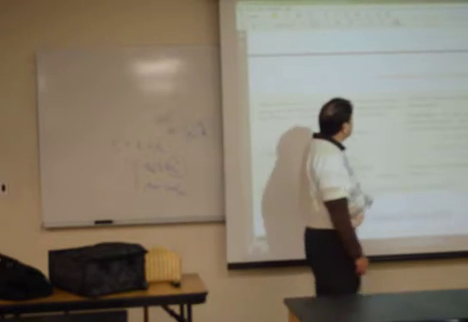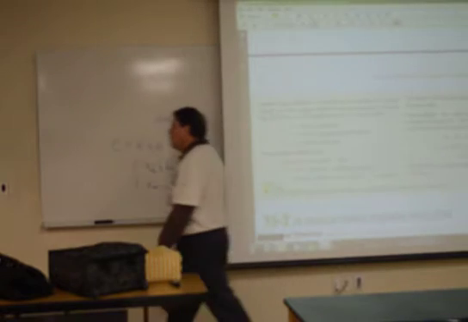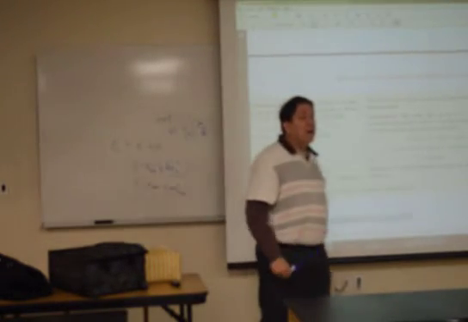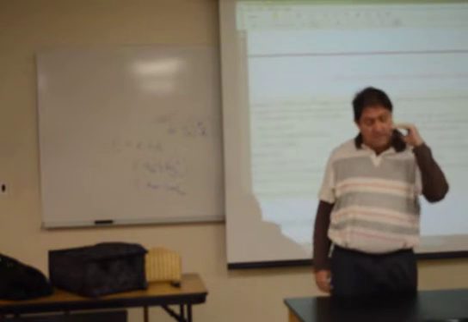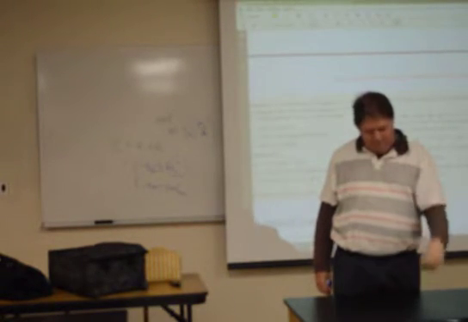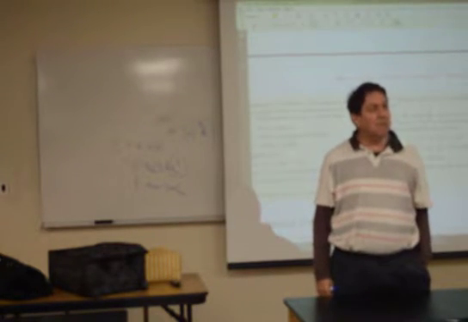Okay. What's the block's speed when it passes through the equilibrium point? What occurs to you? How do we get the speed at the equilibrium point? Half mv squared. Yeah, and at the equilibrium point, the speed is maximum, right?